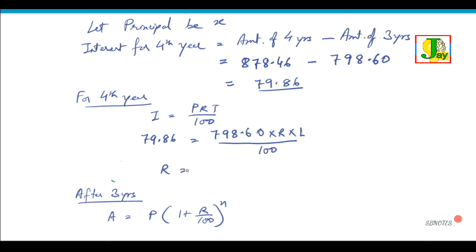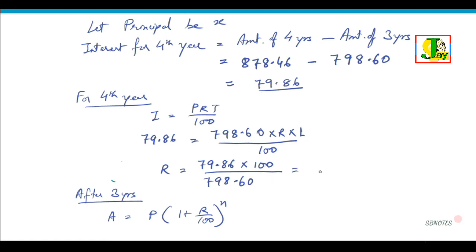So R equals 79.86 into 100 divided by 798.60 into 1, we need not write.